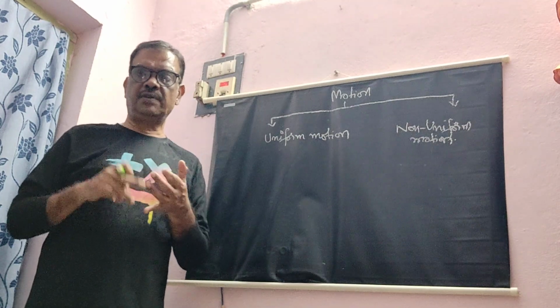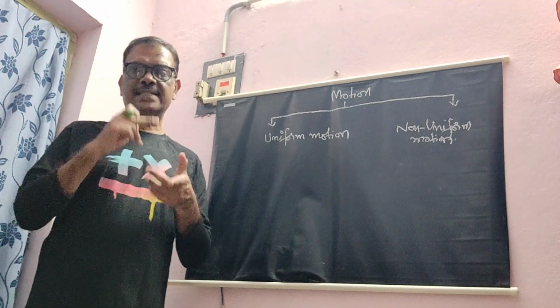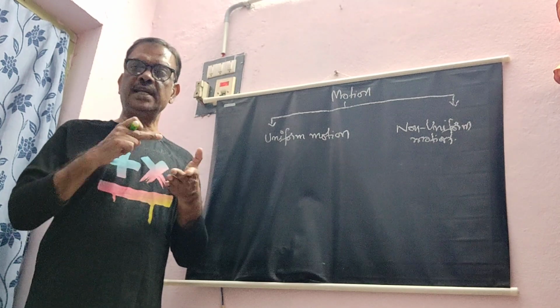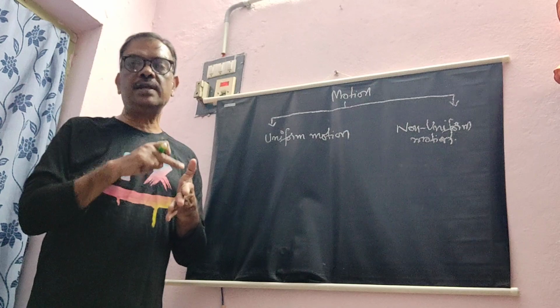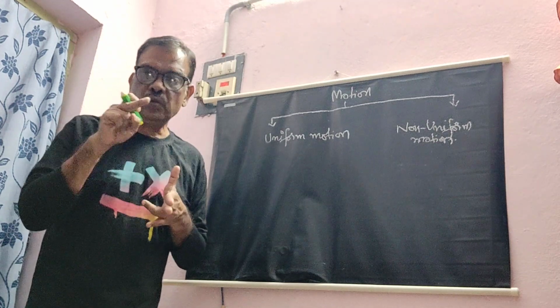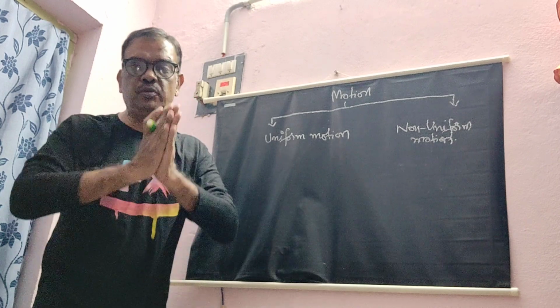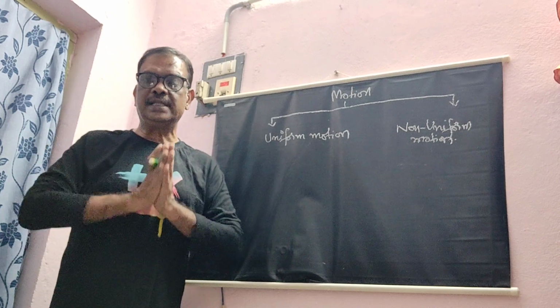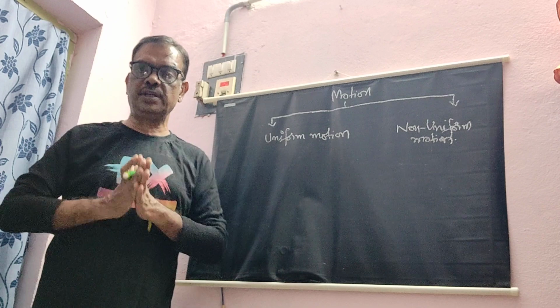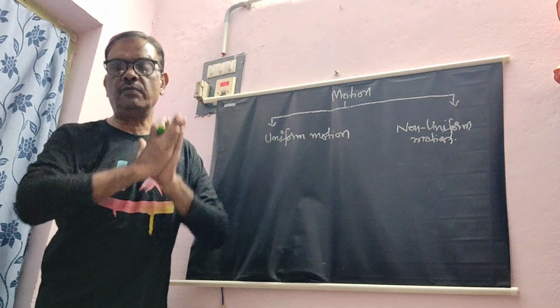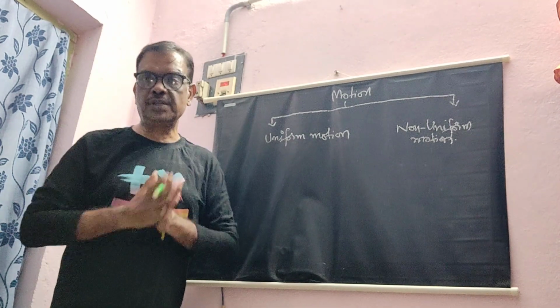A bus, a train, an aeroplane, a cycle, if it is covering equal distance in equal intervals of time, then you call it uniform motion. The bus is traveling with uniform motion. It travels with uniform speed or velocity.